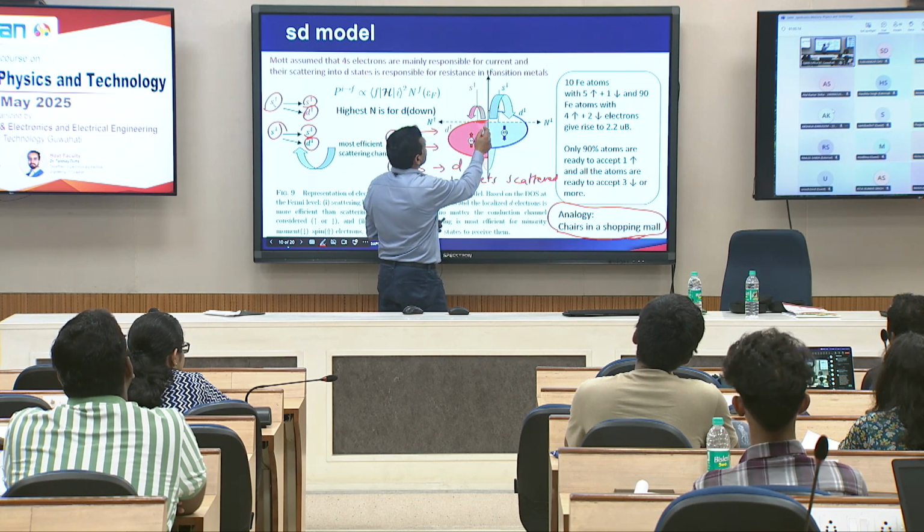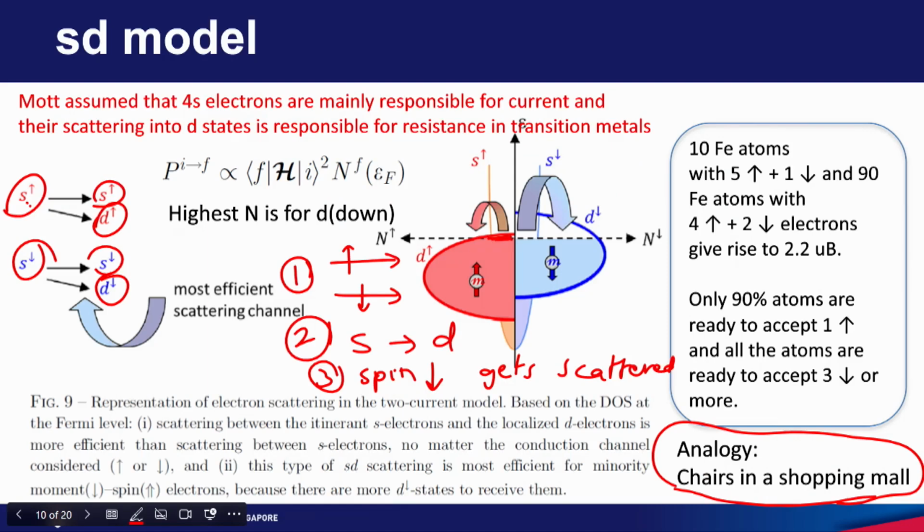For spin up electrons, there are few chairs in the shopping mall. They have no chairs to sit, so they will move. Spin down electrons have a lot of empty states, so they will get scattered into these empty states. So, spin down electrons will have more resistance.